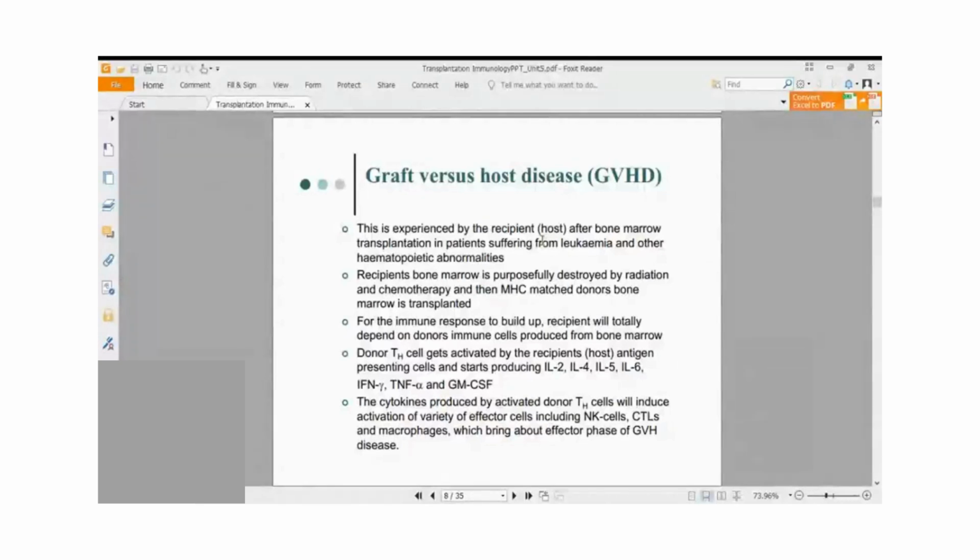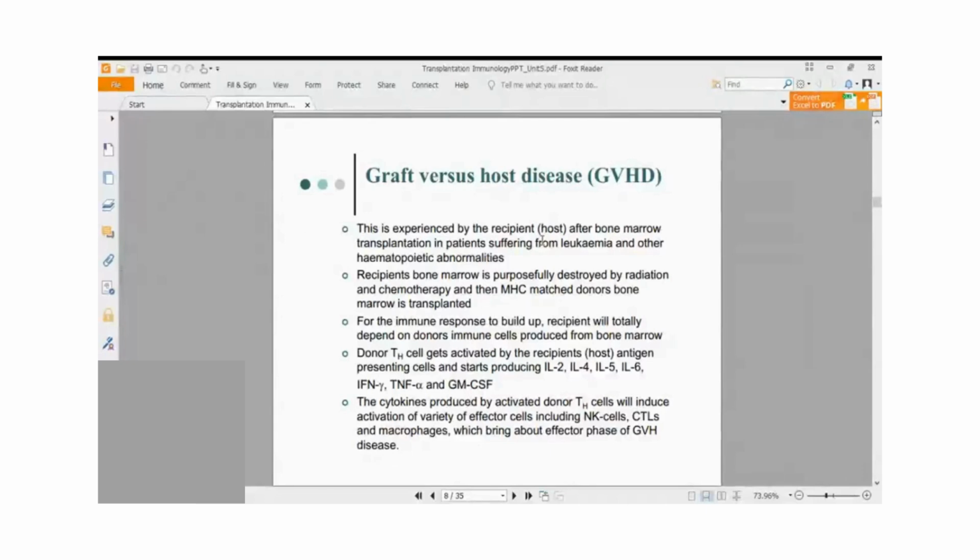For a week's time, before the bone marrow transplantation is done, the recipient is subjected to radiation on a daily basis to the major regions of the body where the bone marrow is responsible for the production of immune cells. That is the humerus region of your arm as well as the femur region of your thigh. These two regions have the highest amount of bone marrow and they are responsible for production of immune cells.